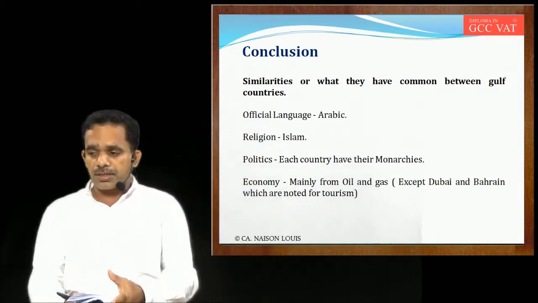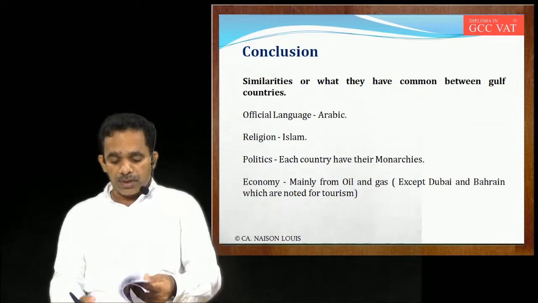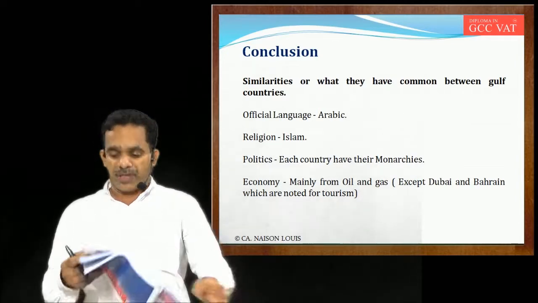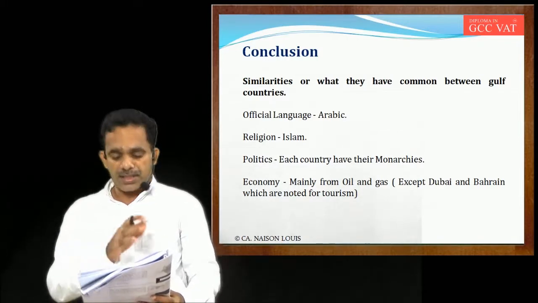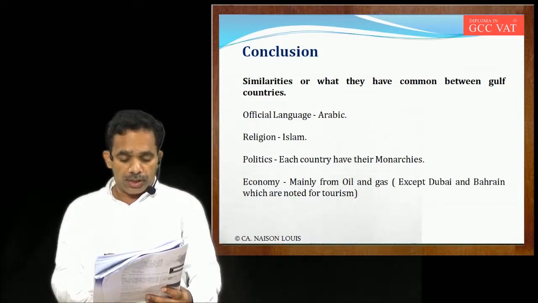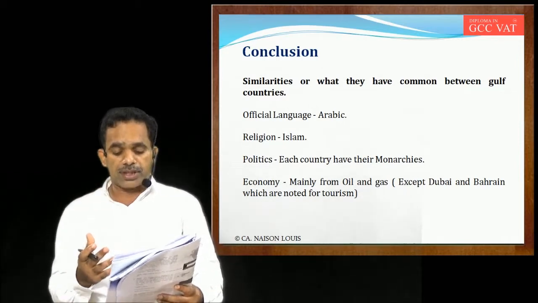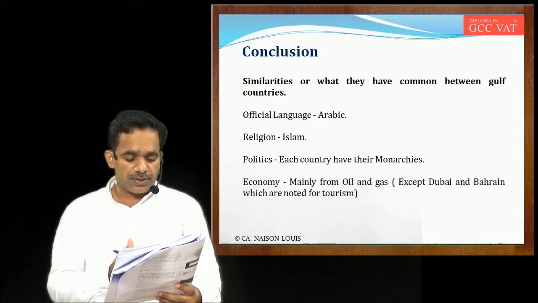And now let us look at some points about the differences between them. So what separates them? Each country has a border. Each country has its own law of the land. They have their own political structure, which differs.